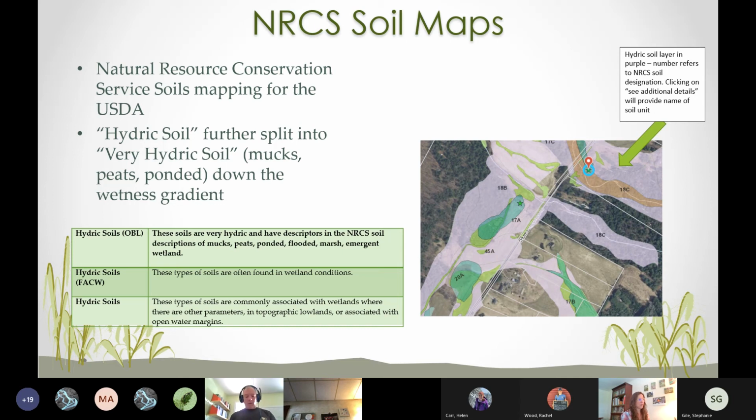So as you move up into the landscape, into the mountains, the maps are a little bit coarser. But what we found is that there's a basic label that says whether or not a soil is hydric or not. And some hydric soils are much more hydric than others. So we did some splitting within this group that's been actually really useful.